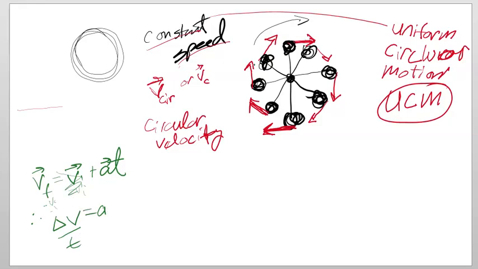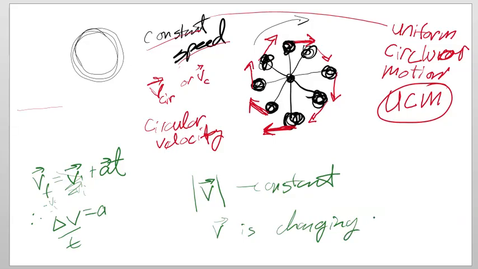So let's look up here. Is your velocity changing? Yes, it is. Now, the magnitude, your speed, your magnitude of velocity, is not changing because you're in uniform circular motion. But since your direction is changing, your velocity is changing.